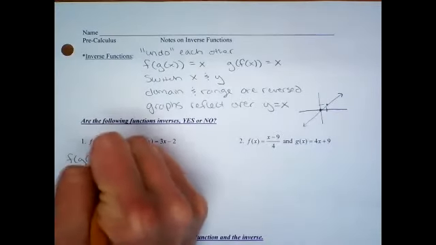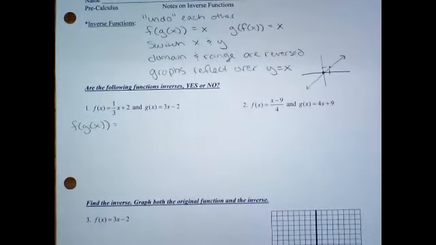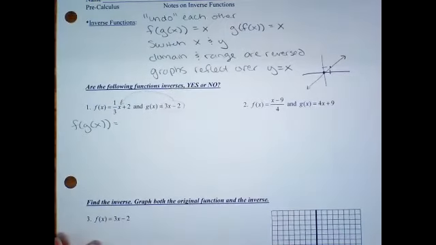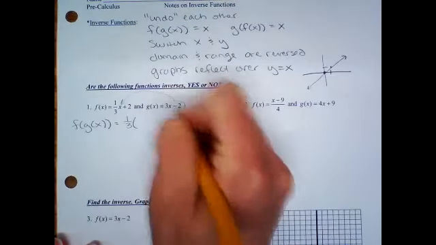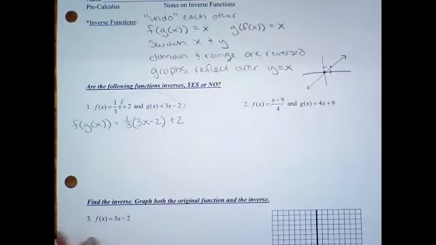So f of g of x for this first one. And you do have to label because they're different. So g gets plugged into f. So we're going to have 1/3 times this whole function plus 2. And then we're going to work that out and see what we get.